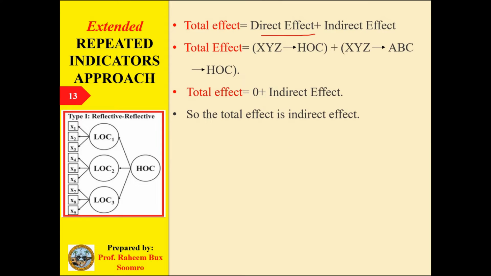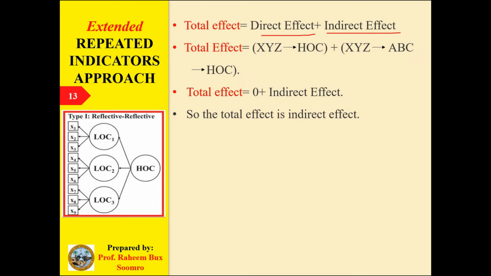Total effect means direct effect and indirect effect. In the case I already showed, our direct effect was 0, because the effect was negligible, because the R square was 100%. The indirect effect, the effect of the other independent variable, was also 0, because there was no room in the model to explain it.